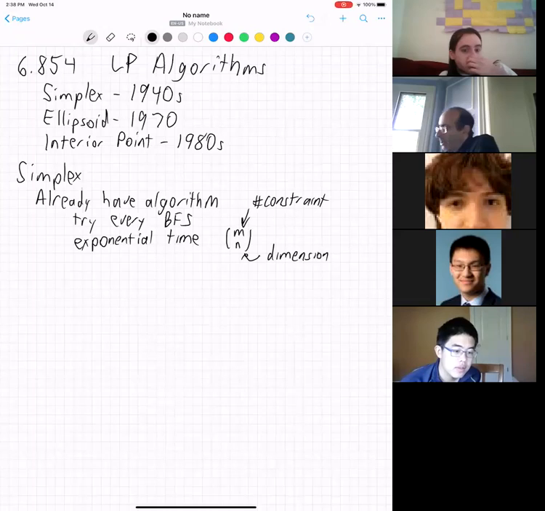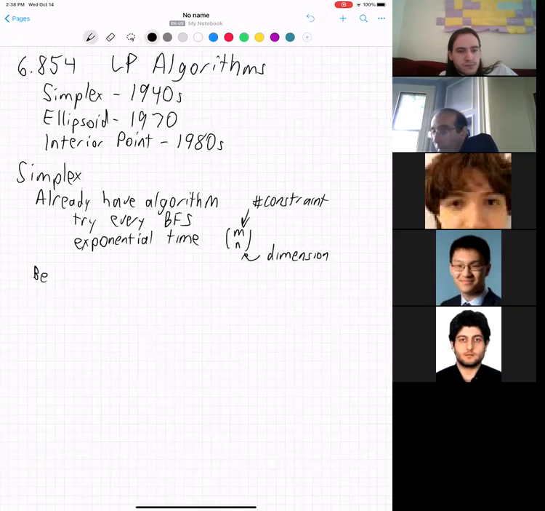So Simplex tries to be a little bit smarter about trying BFSs. Is this in standard form? Well, this is true basically for any linear program that you can do this brute force search. But if it's in standard form, shouldn't it be choose m of n instead?